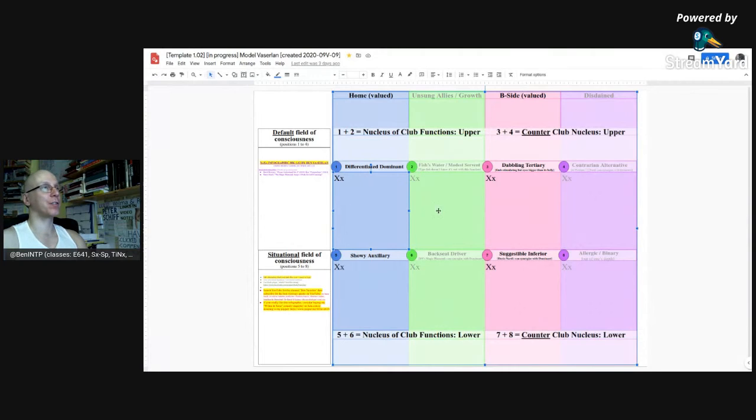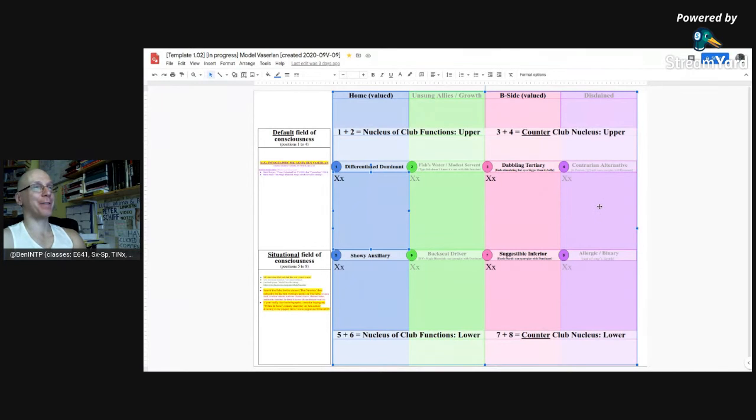TE, SI, NE, FI. What other ST functions do we have? Well, we have TI and SE. And given that all these are extroverted, that means SE goes there and TI goes there. And then we've got these ones here. And then we know that SI is there. No, we don't. NE is there. We know that NE is there.